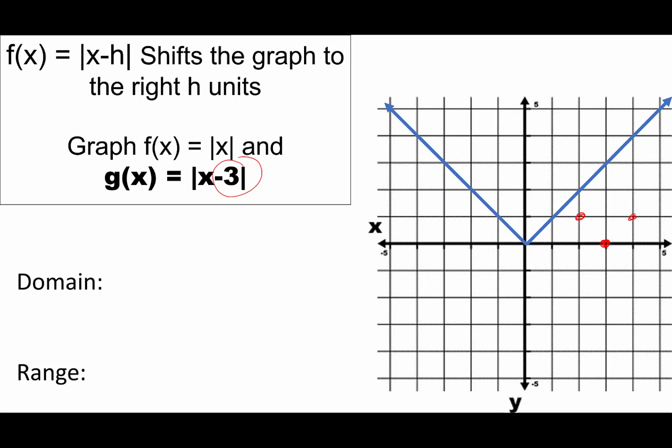And again, I'm shifting all my points that many units. My domain is all real numbers. And my range is y is greater than or equal to 0 because this is the point 3, 0.